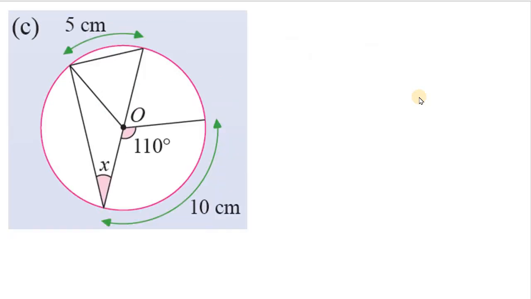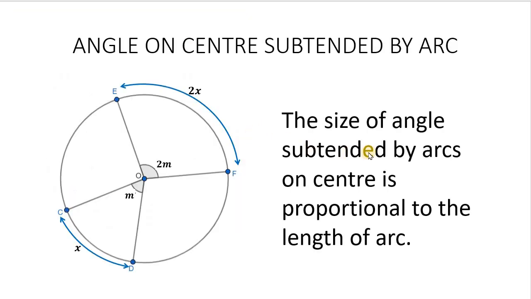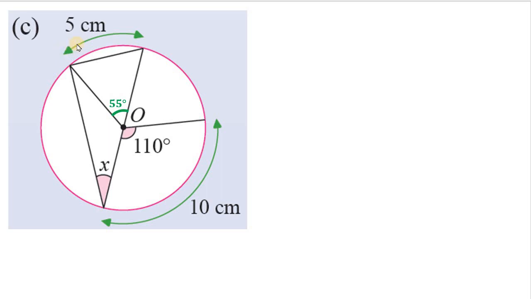In 1c, when we look at this diagram, we know directly that this is related to the concept of proportion. This is an angle at the center, and the angle will always be proportional to the length of the arc. Going back to the question, this one is 5 centimeters, this one is 10 centimeters.